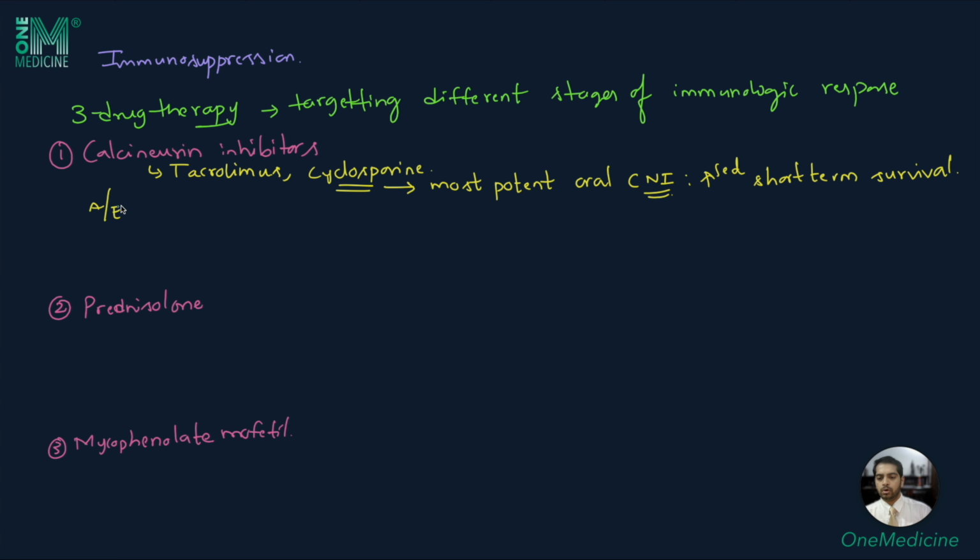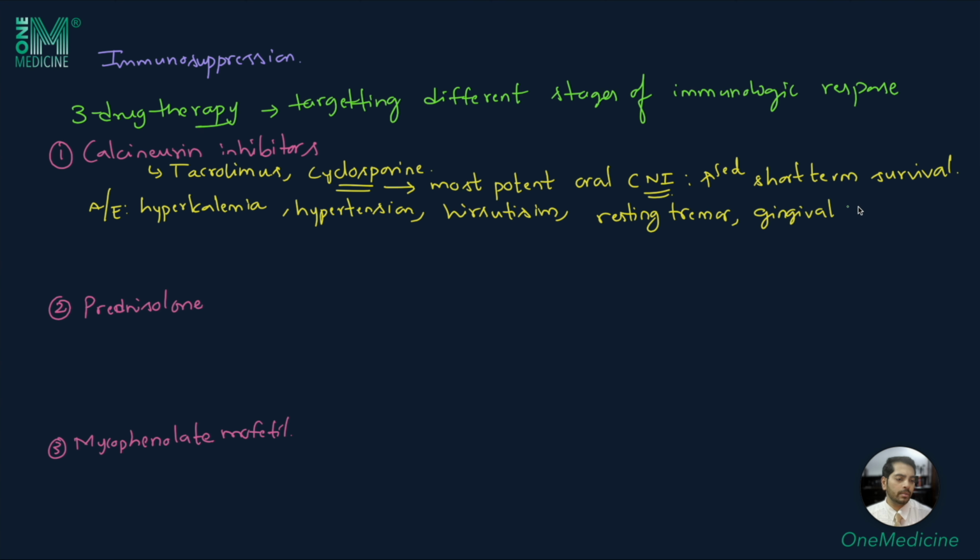The adverse effects of calcineurin inhibitors include hyperkalemia, hypertension, hirsutism, a resting tremor, gingival hypertrophy, hyperuricemia, hyperlipidemia.